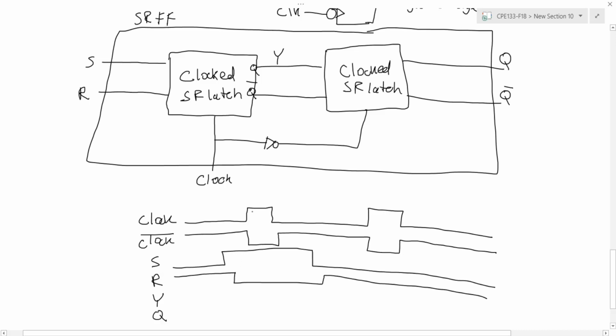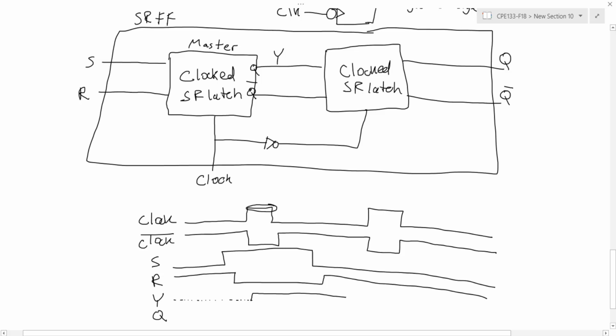Okay, so on the first clock pulse, when the clock goes high, the first clocked SR latch, which I'm going to call the master latch, is going to read the inputs the entire time that the clock signal is high. So S is 1, R is 0, so I'm setting the output of that first clocked SR latch, Y, high.